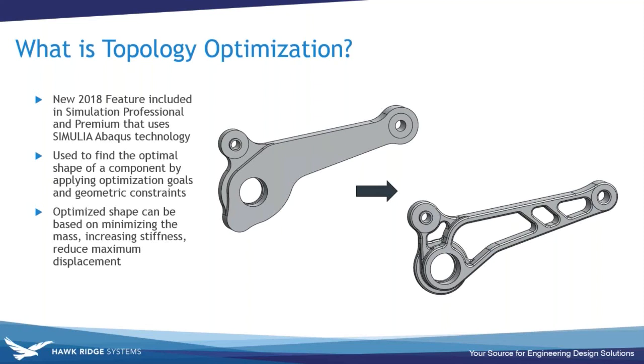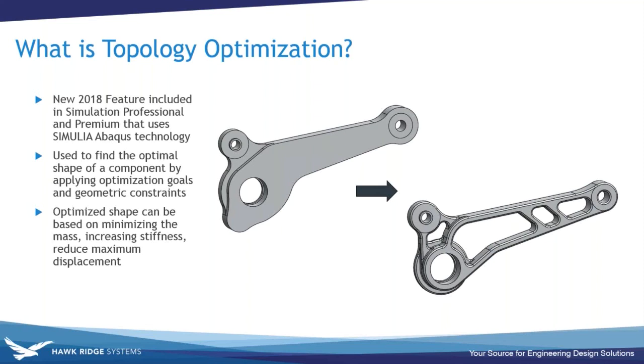And if you've ever heard of SIMULIA, that is another product that we sell, which is more of a multi-physics type of analysis tool. And you may have heard of Tosca, which is topology, under that umbrella of different tools to optimize your design, right?